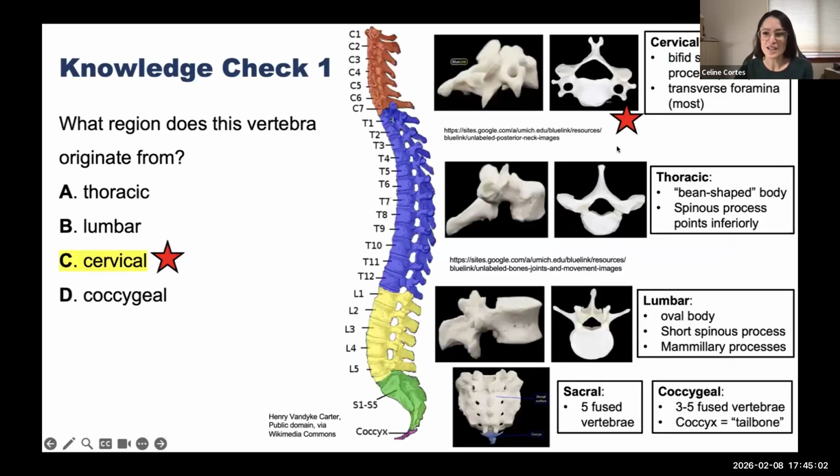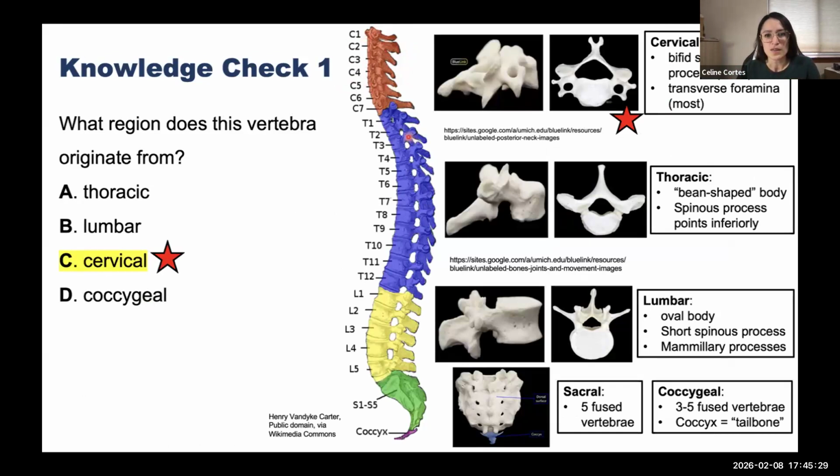Okay, so for our knowledge check, you all did very well. This is essentially just a little rundown of the different regions of the vertebrae or the vertebral column. When we're looking at the vertebral column, we divide this into different regions. Starting superiorly, we've got our cervical region towards the top, right?